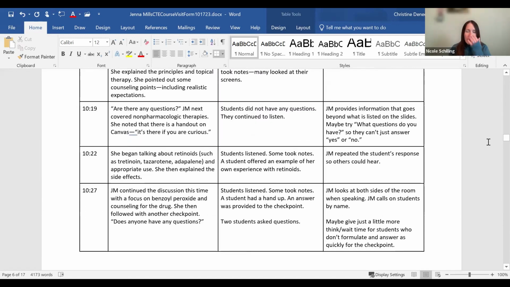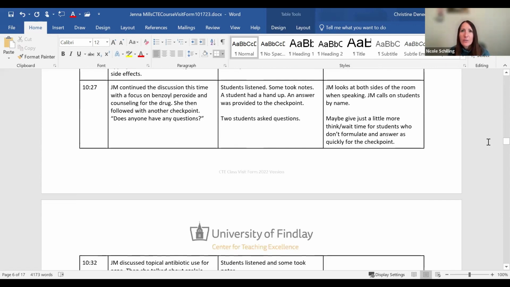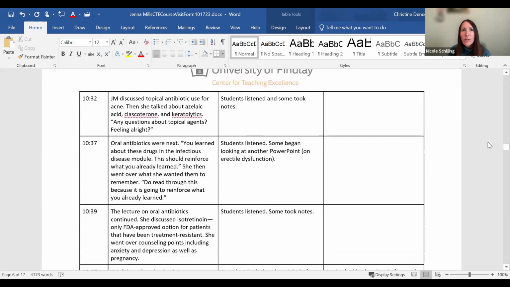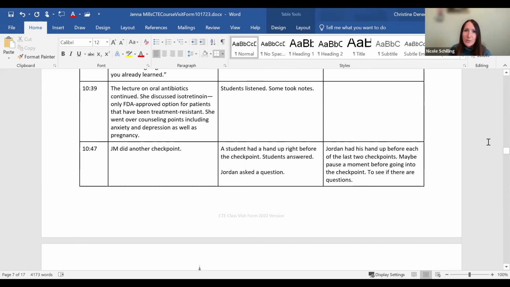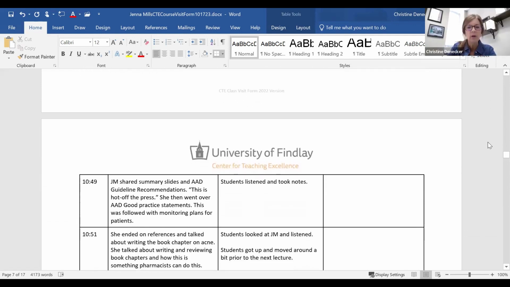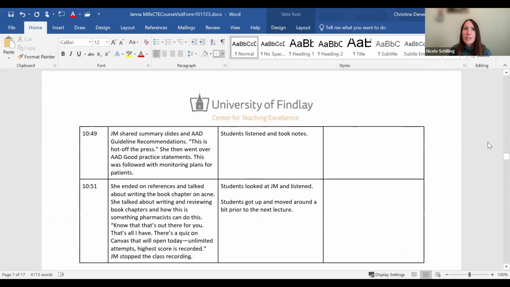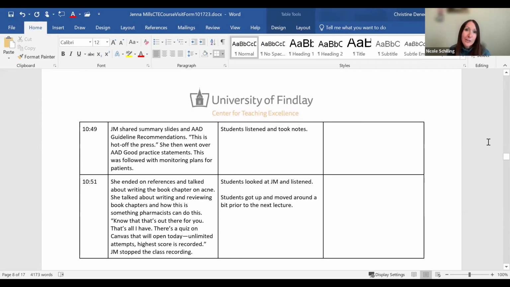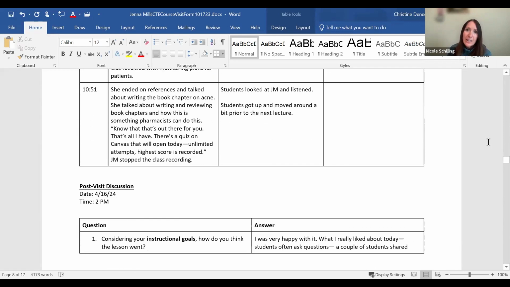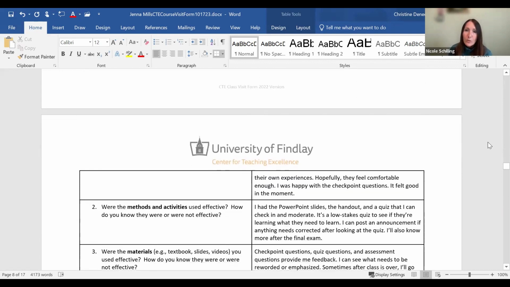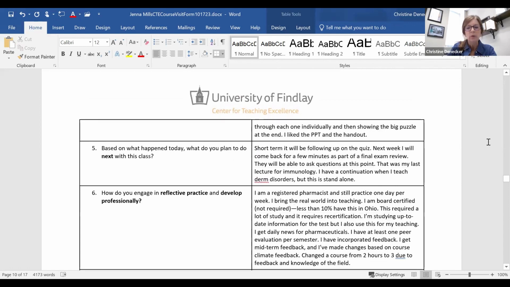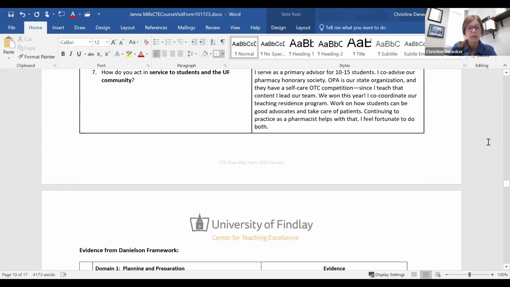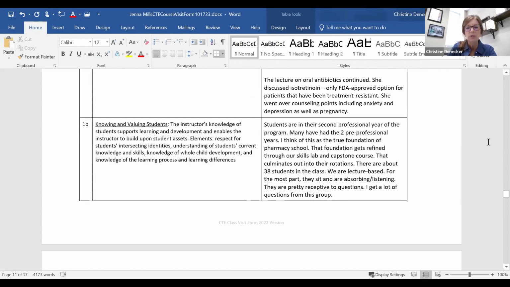And that brings up a good point, as you're working through this. It's okay if we don't have every box, if you will, with evidence. It doesn't always work out that way. Agreed. And it's another opportunity where maybe you ask a clarifying question about that in the post visit discussion. And if there's not something there, remember it's only one class visit, so that doesn't mean the person doesn't do that.